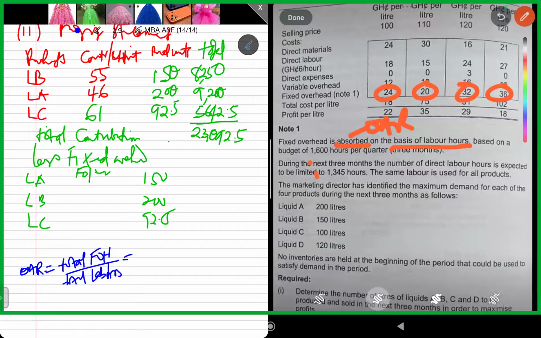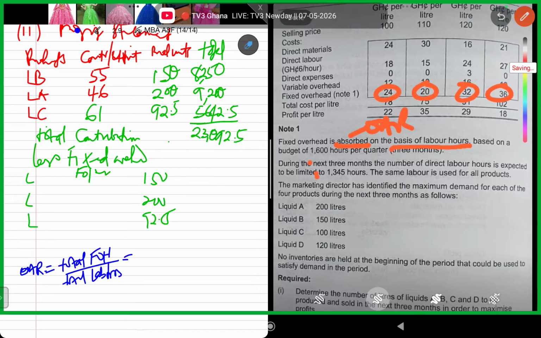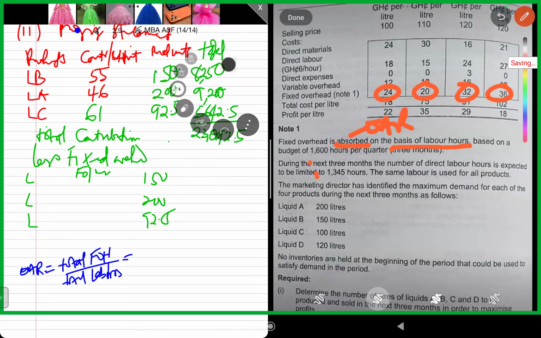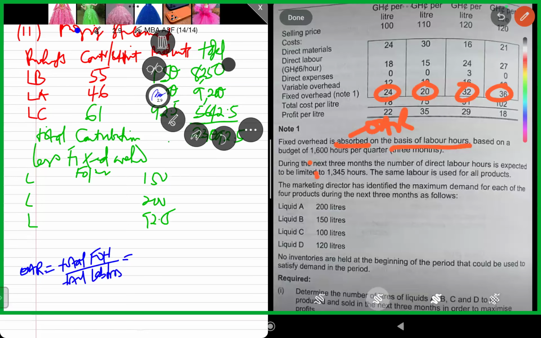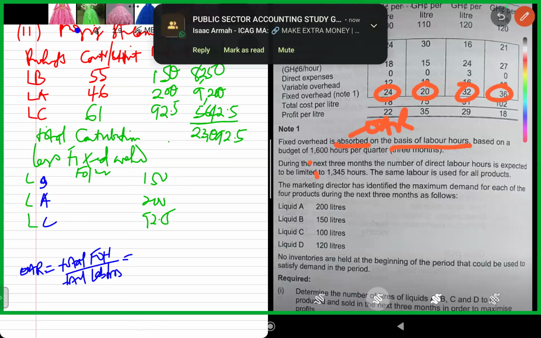24 by 150 will give us 3,600. Then multiply 20 by... Hey, sorry. Hold on. It's supposed to be 20 by 150, 24 by 200. So liquid A, liquid B, liquid C. Multiply 20 by 150.